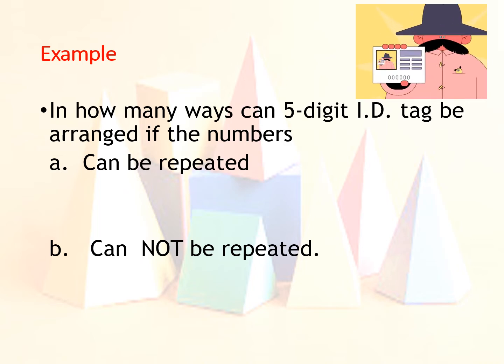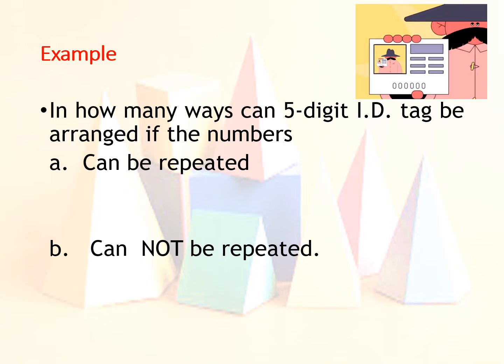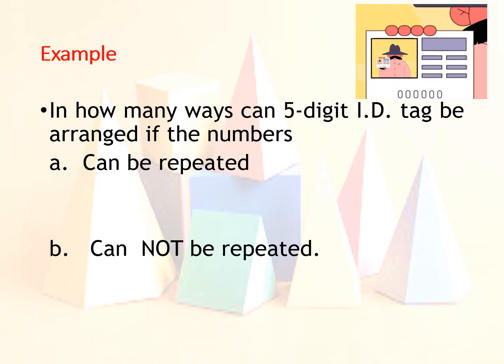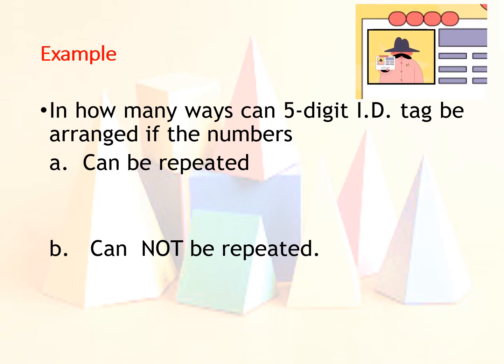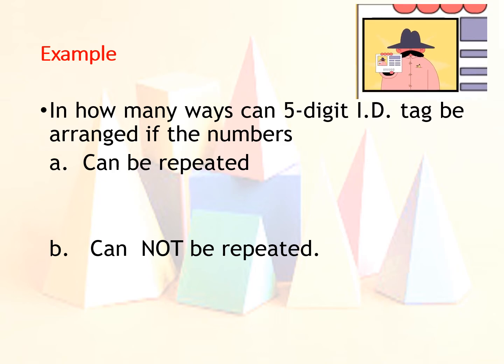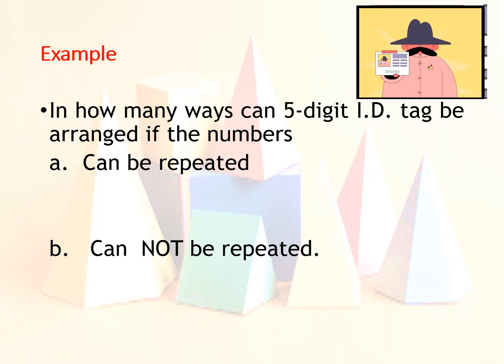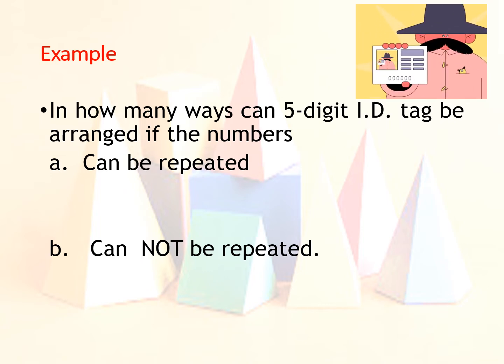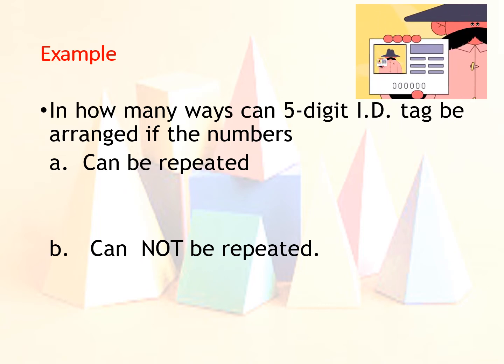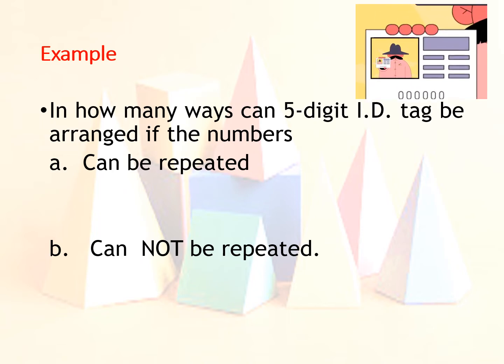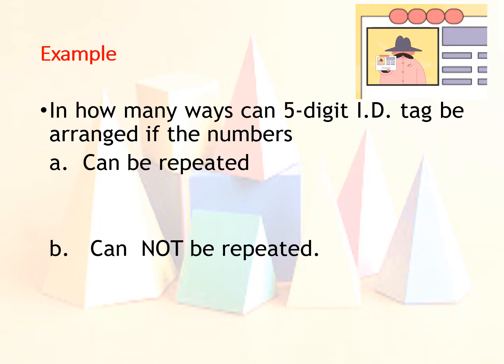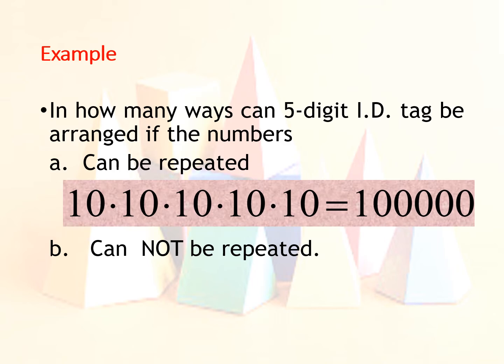Now let us have another one. In how many ways can a 5-digit ID tag be arranged if the numbers can be repeated? In here, we have 10 choices for the digits because it starts from 0 to 9. So we shall have 10 times 10 times 10 times 10 times 10 because it can be repeated.